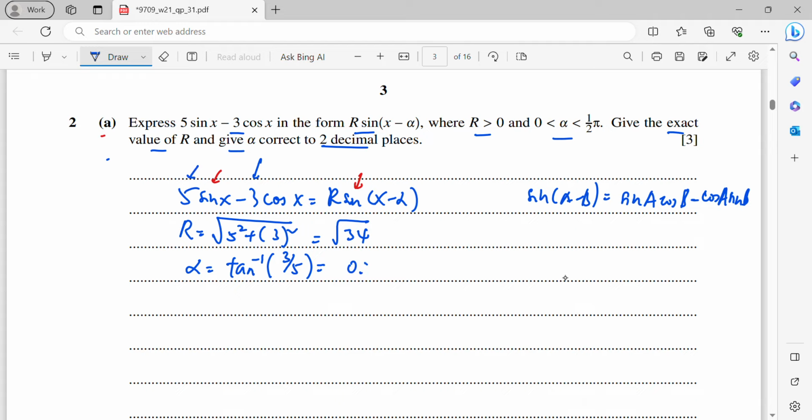Then you will get 0.54, which is correct to 2 decimal places. And remember, this 0.54 is in radians. So my final answer, 5 sin x minus 3 cos x, is going to be square root of 34 sin(x minus 0.54).